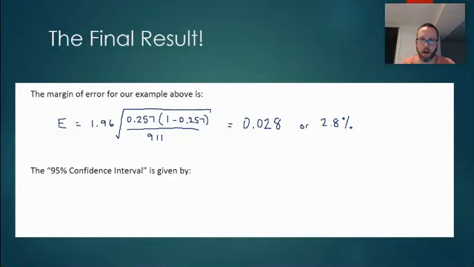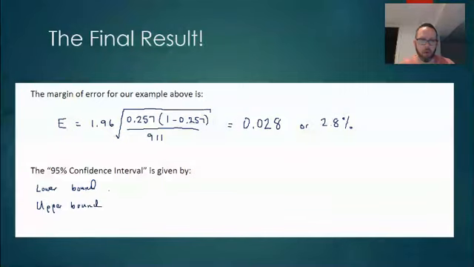So guys, we got it. Our estimate of 25.7% is good within 2.8%. 2.8% above, 2.8% below. So the confidence interval is given by the following two numbers, a lower bound and an upper bound.